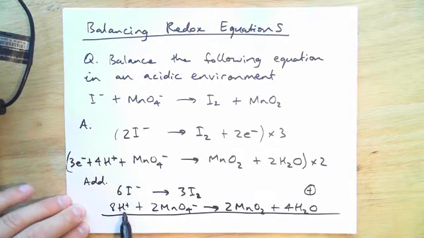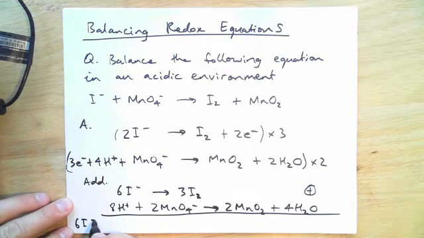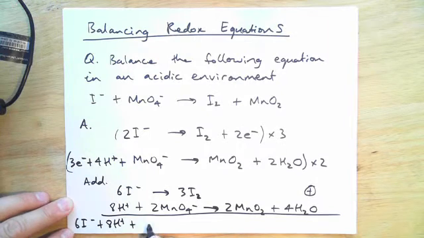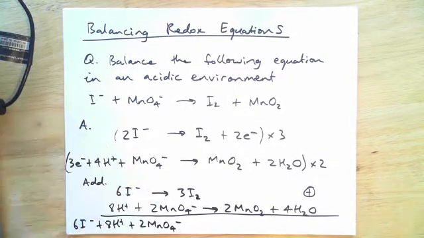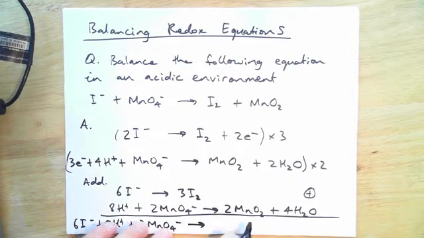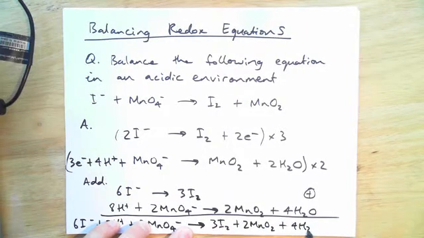I'm adding these two equations together, and so basically all I have to do is add everything on the left hand side of the arrows together. So it would be 6I minus plus 8H plus plus 2MnO4 minus, all the species that are on the left of the arrows. Then I'll put the arrow in, going to 3I2 plus 2MnO2 plus 4H2O.